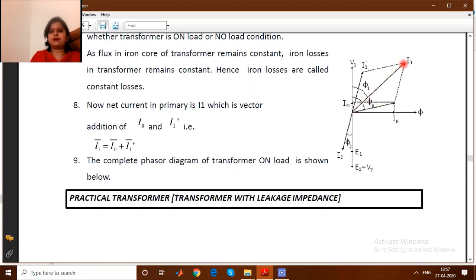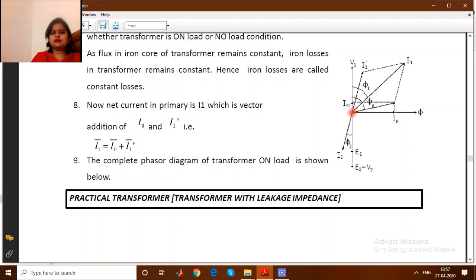So this is our primary current I1, which is a resultant of I1 dash and I0. This is I0. So this is the phasor diagram of the ideal transformer on load condition when the load is connected on the secondary side.